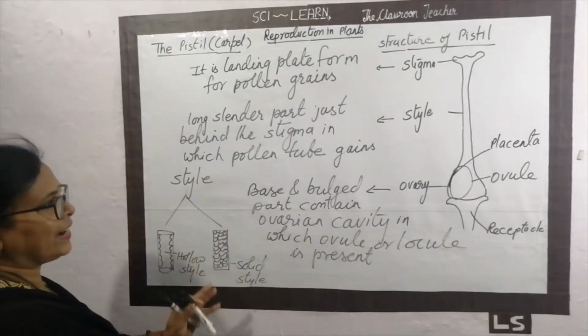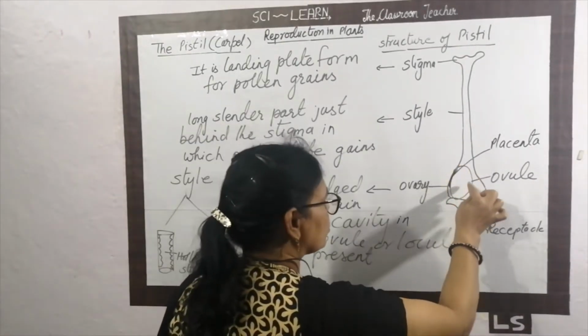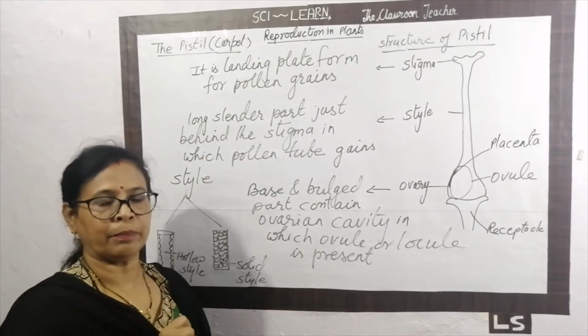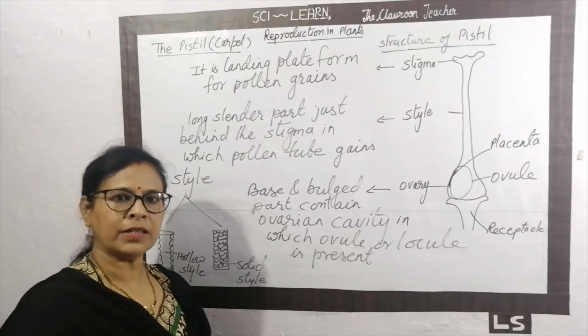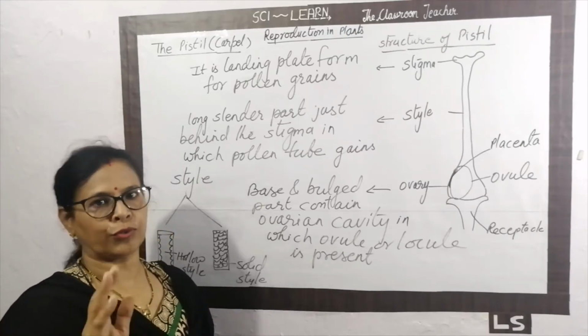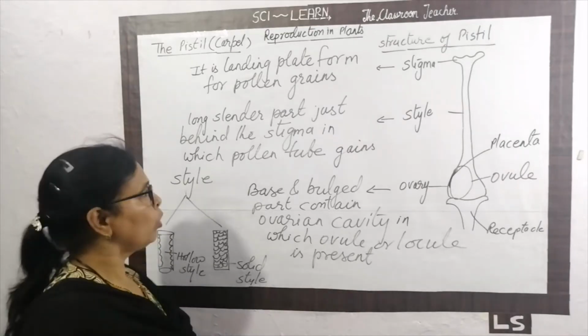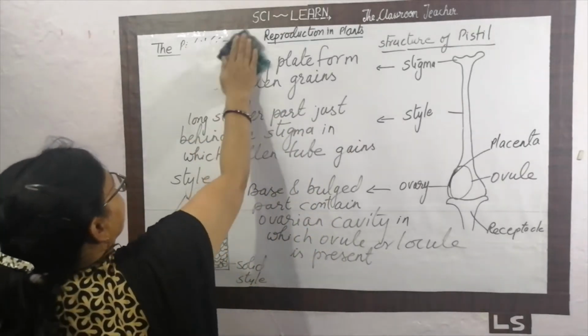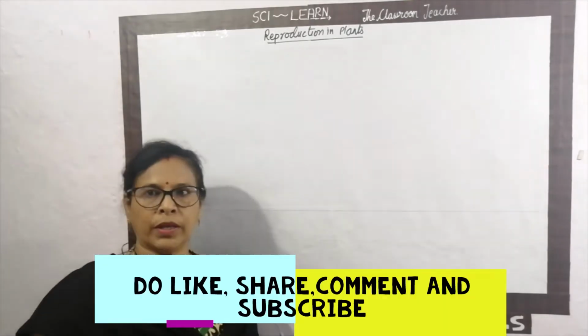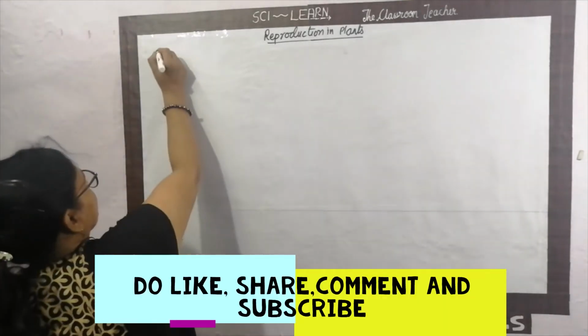Now what is inside the ovary? This is actually the megasporangium, the place which forms the megaspore, the female gamete. We are going to study the megasporangium.